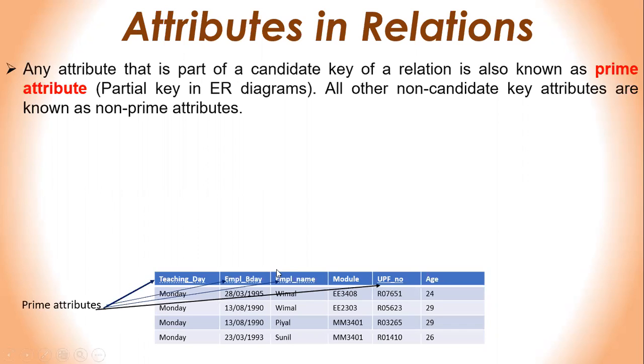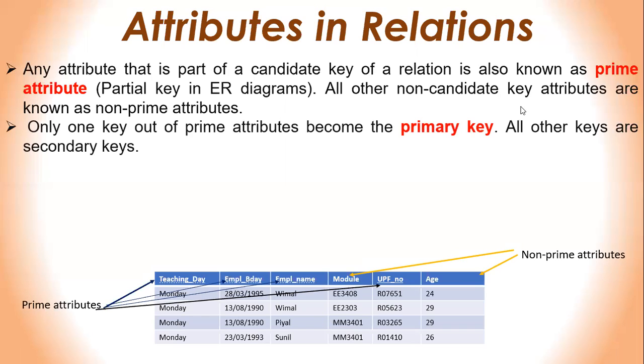Any attribute forming a key is known as a prime attribute. The remaining attributes are known as non-prime attributes. So the module and age attributes are called non-prime attributes. You can represent it like this.